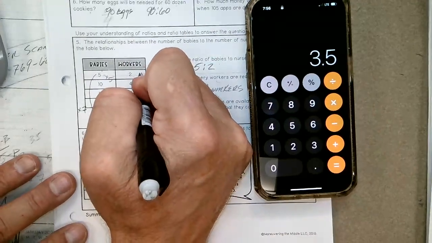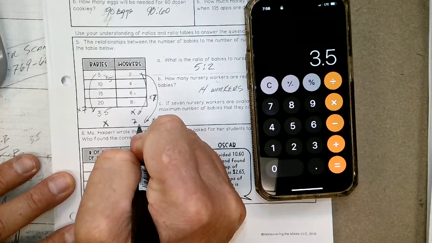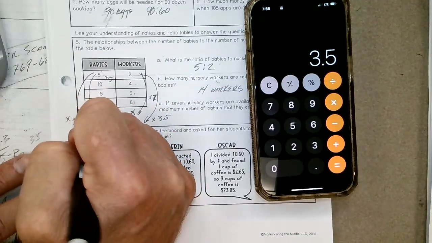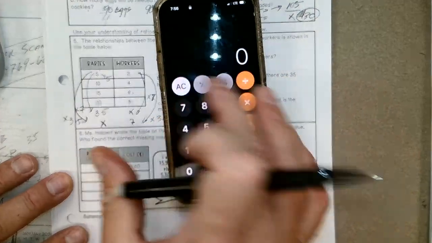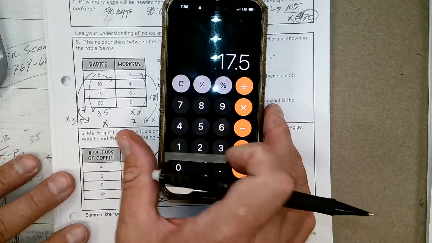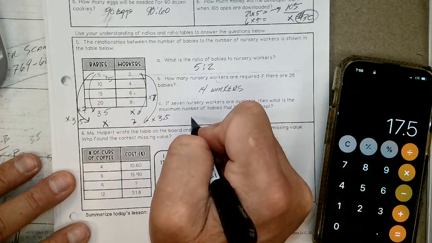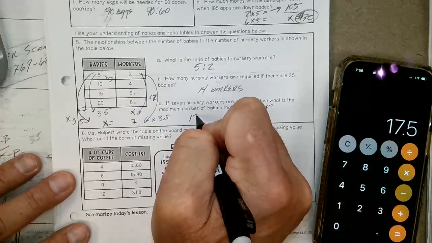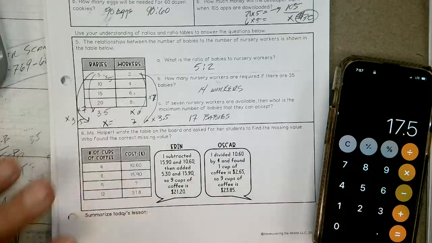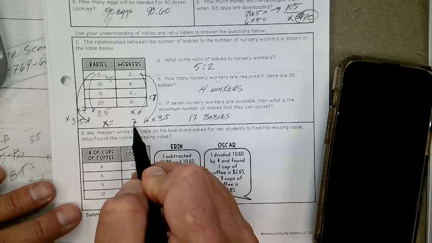So that means 2 times 3.5 gives us 7. Let's scale this side up by a factor of 3.5. What is 5 times 3.5? It's 17 and a half. Since we can't have half of a baby, we're going to take that down to 17 babies. We can't take it up. So we can't have more than 17 babies if we only have 7 workers.